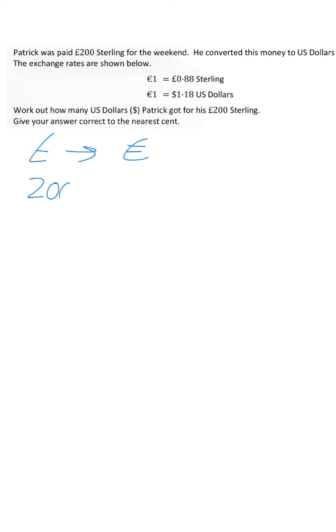So 200 divided by 0.88, and that is equal to 227.27. And on your calculator as well, you'll see that it can also be written as a fraction, as 2,500 over 11.